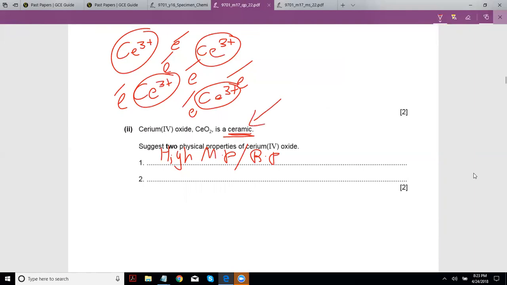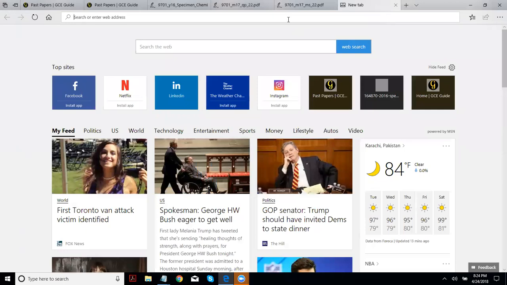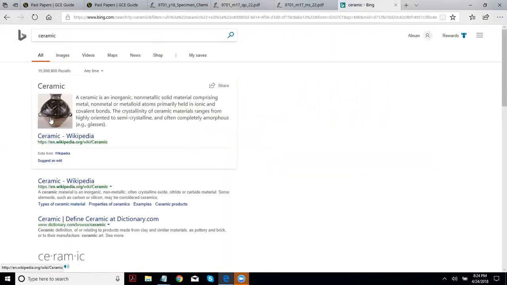What is a ceramic in terms of chemical properties? Isn't it the thing like clay pots? Let's Google to be sure. Ceramic, yes, clay pots.